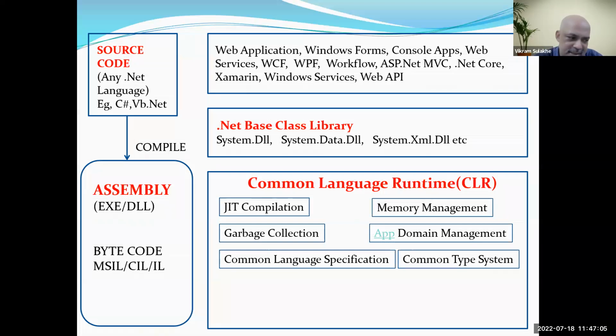The CLS does that. The CLS, as I said, is a set of rules that all .NET languages must follow. So you might have some additional features, but it should not violate any CLS rule. It should not go against the CLS rule. One of the CLS rules is that .NET must support single inheritance only. Only single inheritance is allowed.